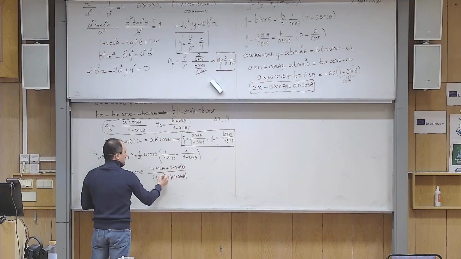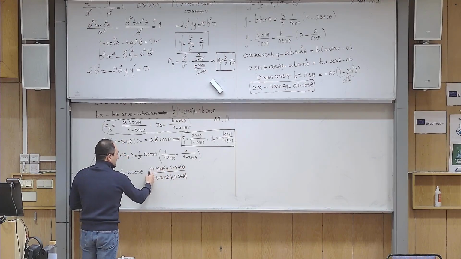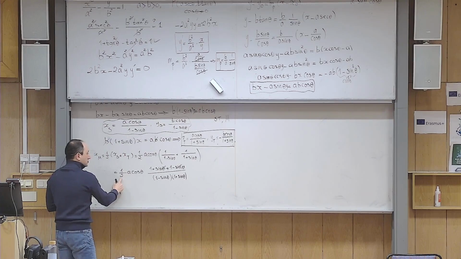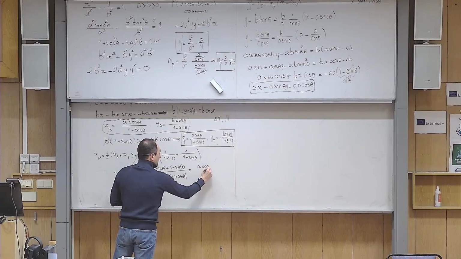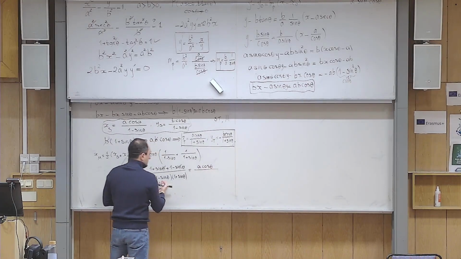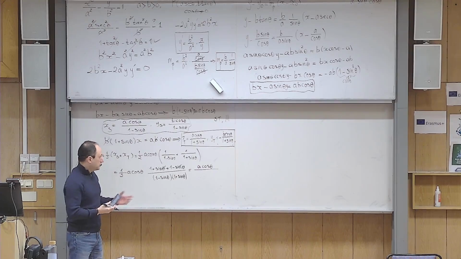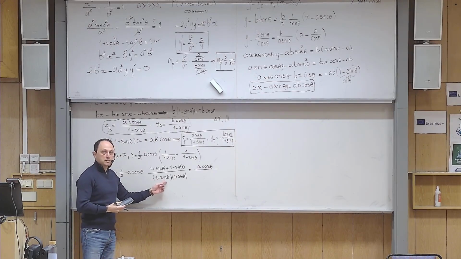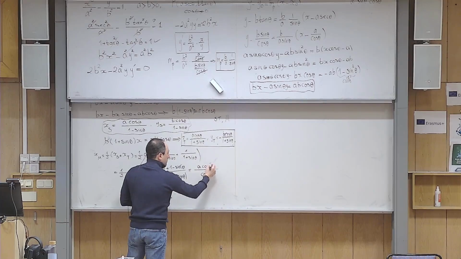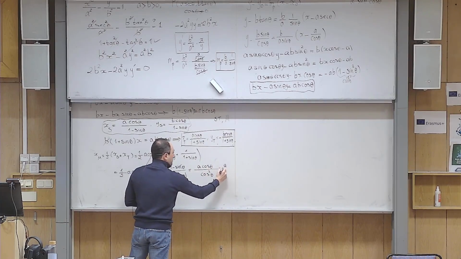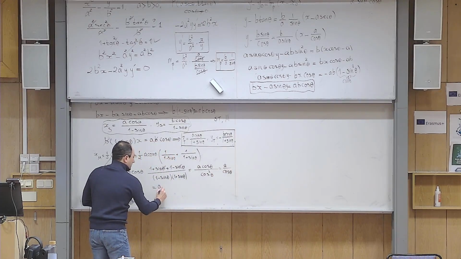And then you see that this one and that one are gone. I will get a 2. That 2 will cancel this 1/2, so it becomes a cosine theta. And this is also very famous, the conjugate rule, so it becomes 1 minus sine theta squared, which is cosine theta squared. And then you simplify one cosine, so it becomes a over cosine theta, which is exactly a secant theta.